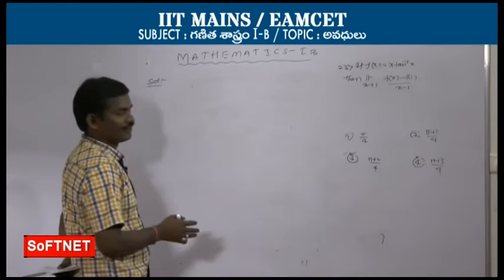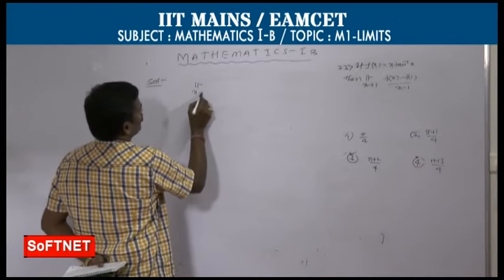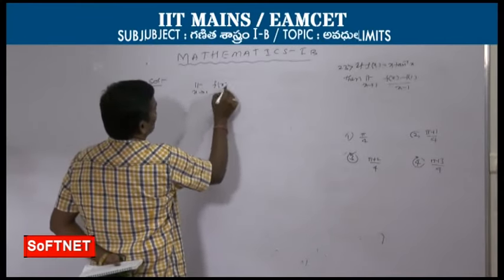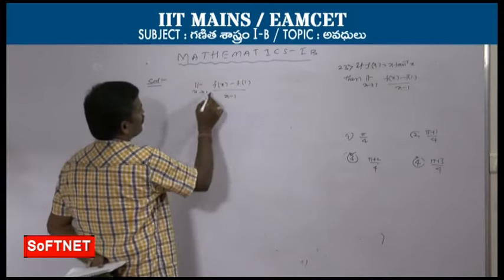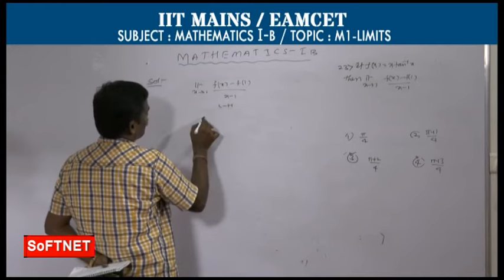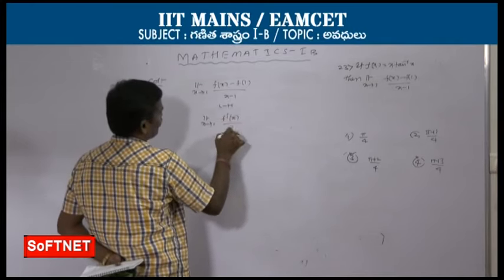This is also a previous model question only. So here limit x tends to 1, f of x minus f of 1 by x minus 1. Here also L'Hospital rule applies. So limit x tends to 1, f dash of x by 1 you will get.